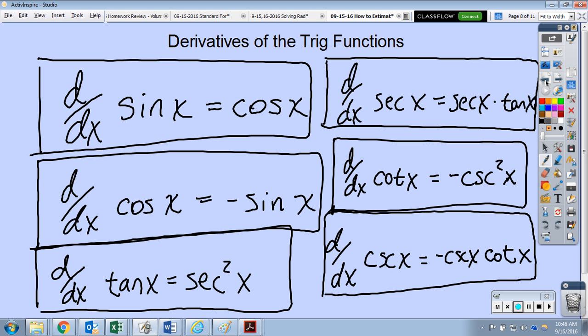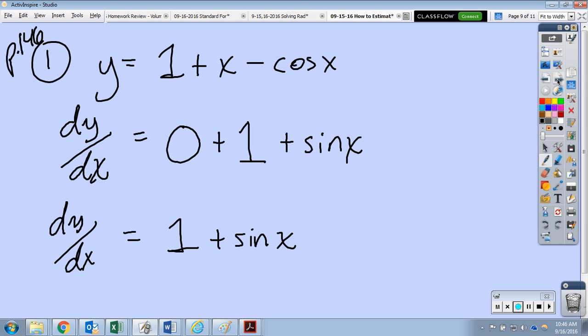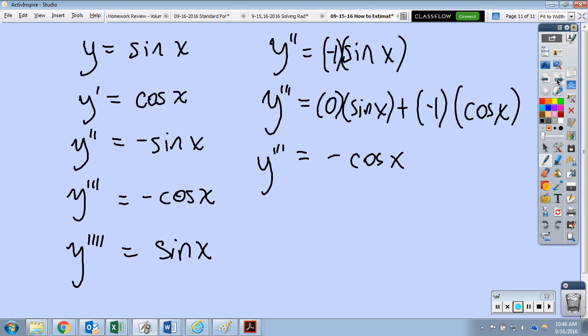These two are not too bad in terms of having to keep going down. One thing you can remember to make it quick: when it's of cosine, you put the negative, but when it's of a sine, you just keep whatever it is. That helps memorize it too.